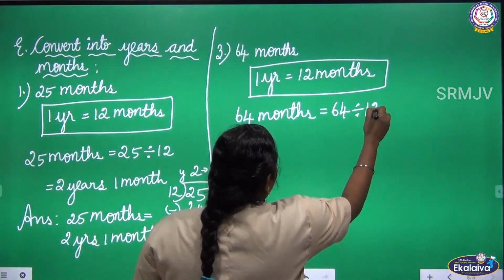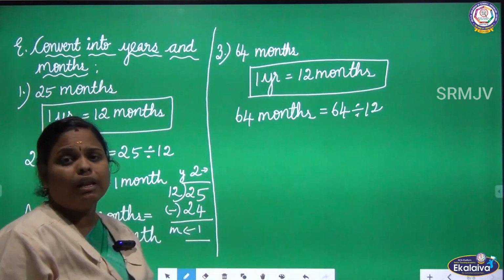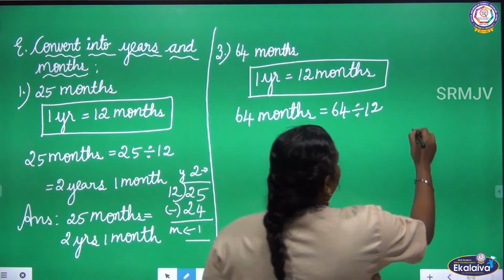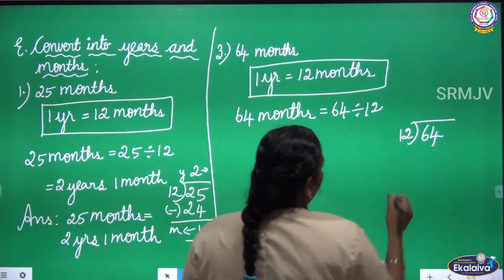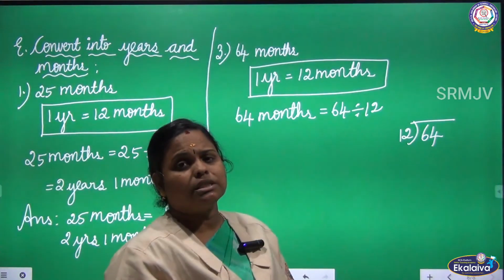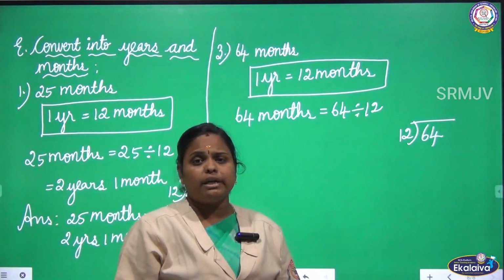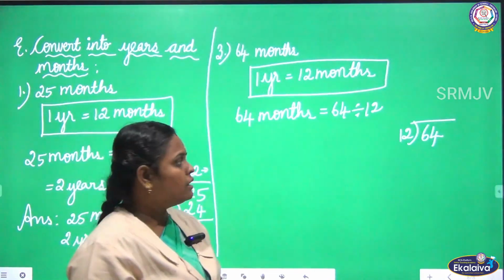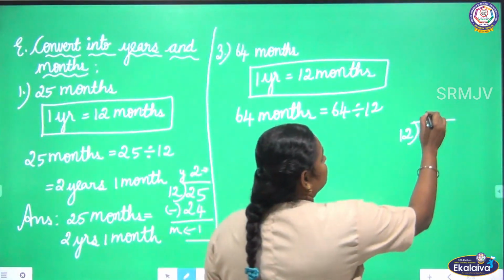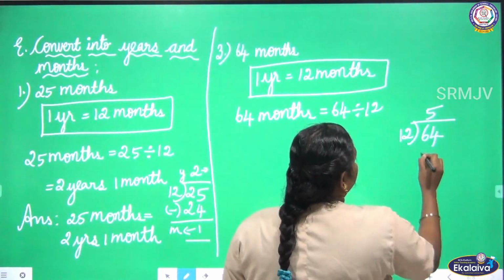So if you divide it by 12, then you will get the years and then months. 12 ones are 12, 12 twos are 24, 12 threes are 36, 12 fours are 48, then 12 fives are 60.